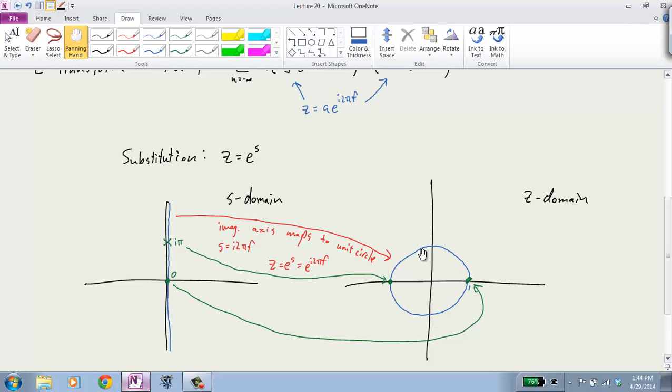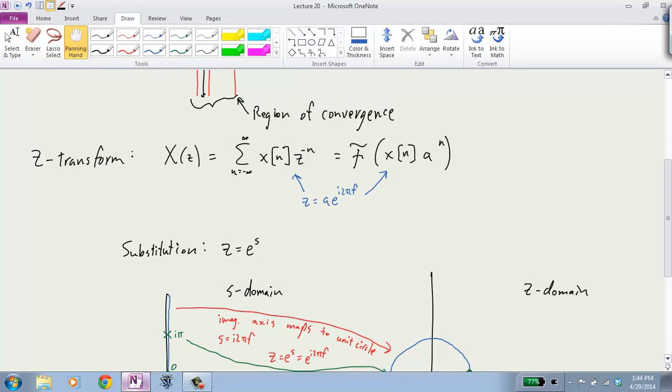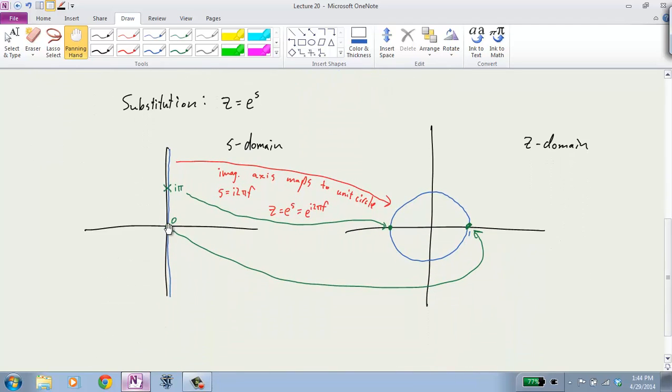So this implies something about discrete time signals: if you did the Laplace transform using this e to the s notation instead, they would be periodic vertically. Okay, and we see that just comes out when we map it over. As you go around in circles, of course, you're going to get the same values over and over. What did we know about the Fourier transform of discrete time signals? They're periodic, right?